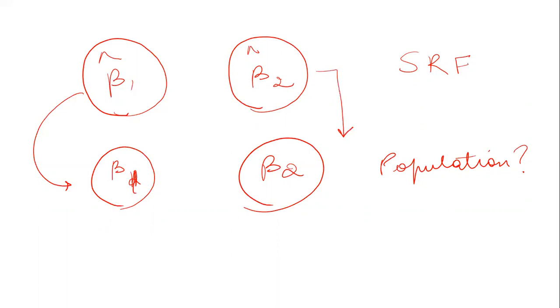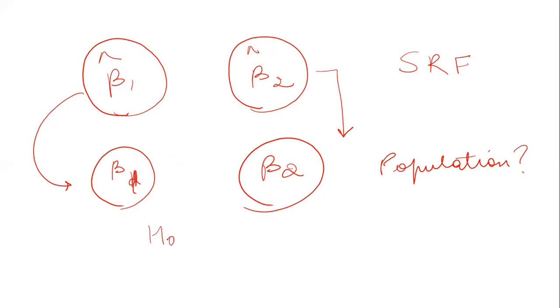But I also want to understand, do beta 1 and beta 2 actually have an impact on my Y? By which I want to understand whether beta 1 and beta 2 are significant or not. Let me reframe this.